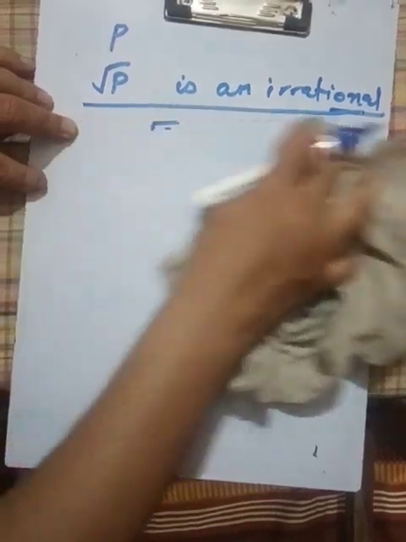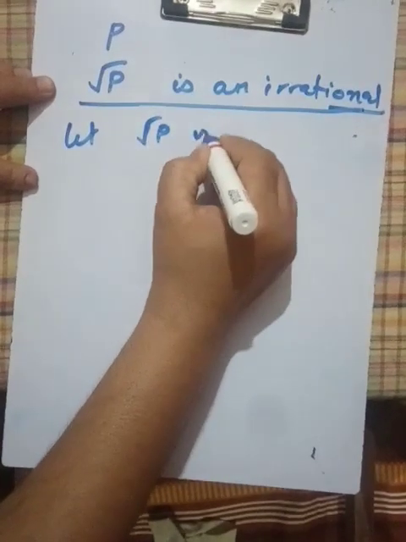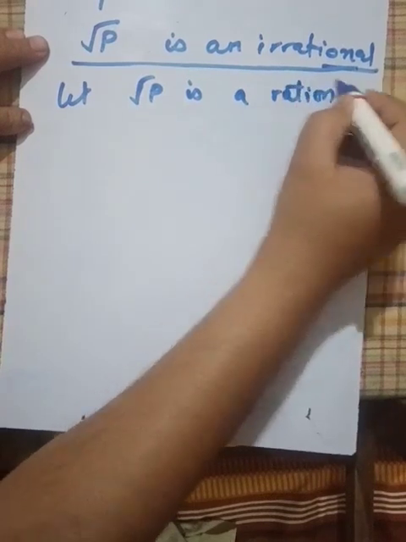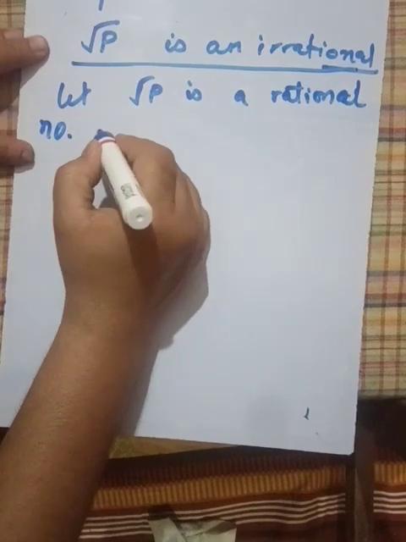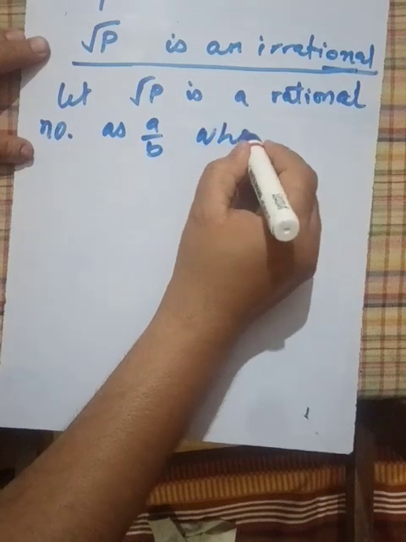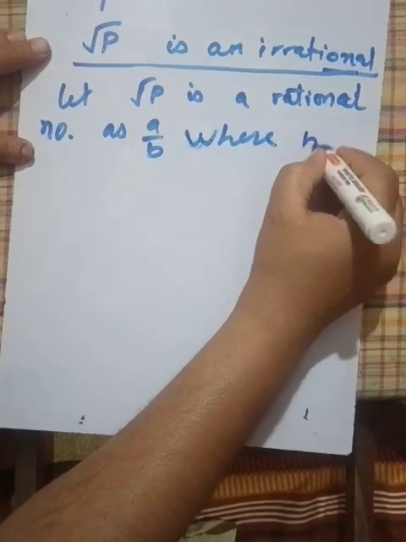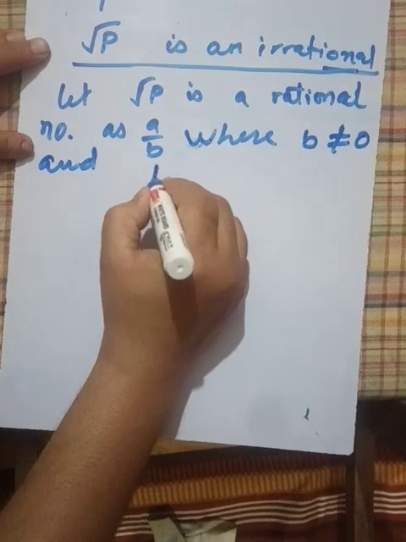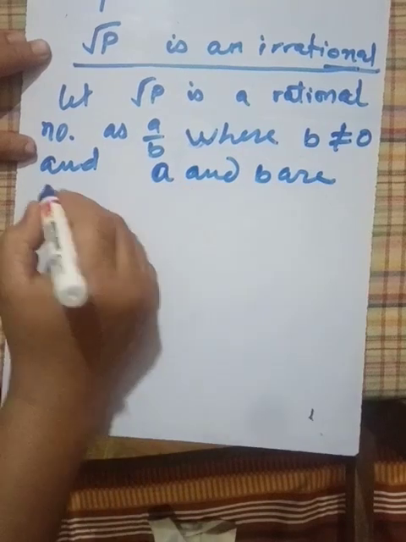So what I do, first step, I take: let root p be a rational number, written as a by b, where b is not equal to 0 and a and b are co-primes.